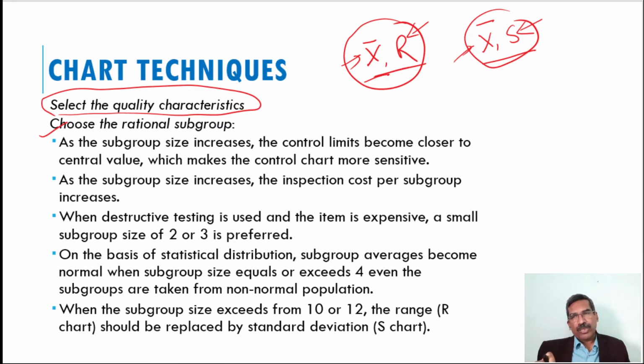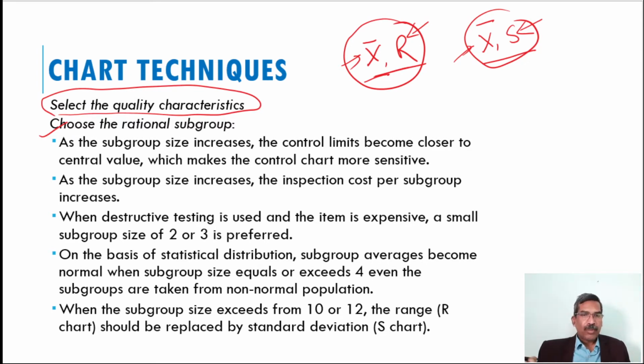But as per the central limit theorem, if we take a sample from a non-normally distributed population, then this will also be a non-normally distributed sample if the size is less than 4. If we select a subgroup size of 4 or more, then even if we select the sample from a non-normally distributed population, the sampling distribution of the sample average will tend towards the normal distribution. This is the reason that normally we try to take a sample size of 4 or more.